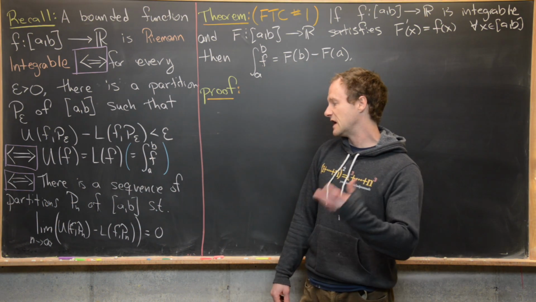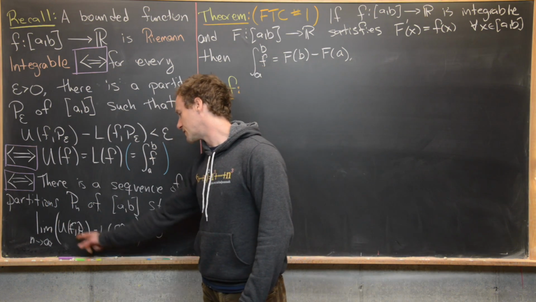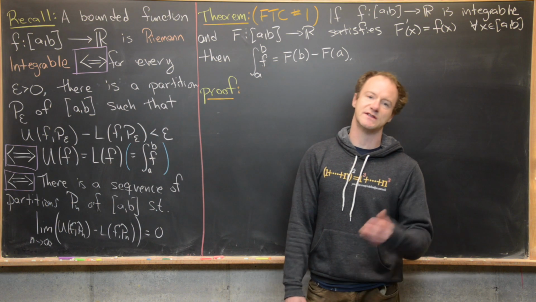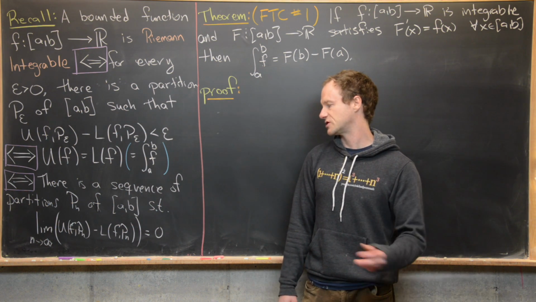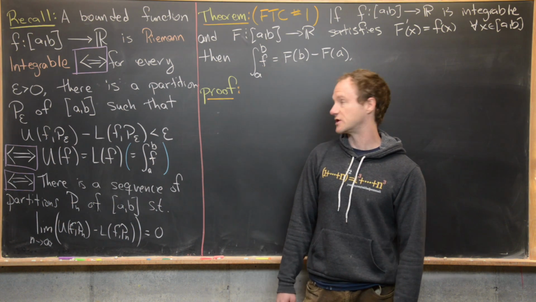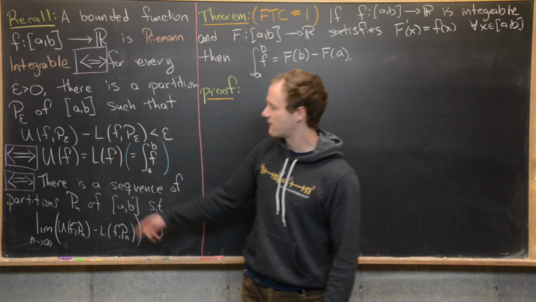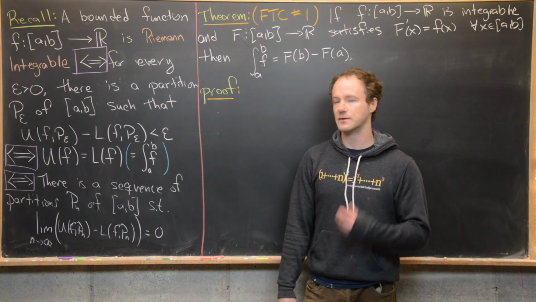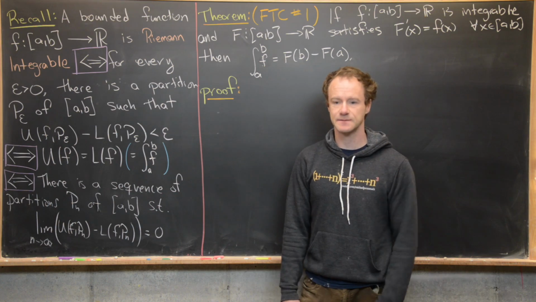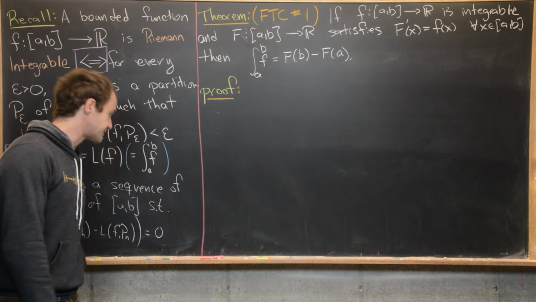So notice, if you've got this sequence of partitions P_n, then that gives you this sequence of numbers, which is this difference of the upper sum on that partition minus the lower sum on that partition. So that difference of numbers is trending towards 0. So check it out. We've got 1, 2, 3, 4 formulations of integrability. So that's nice.